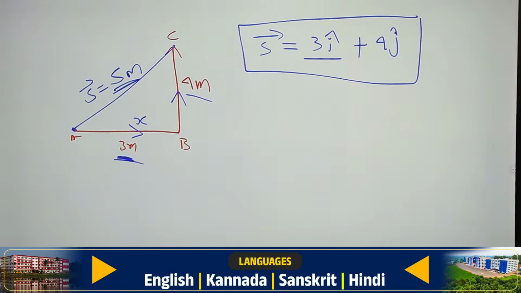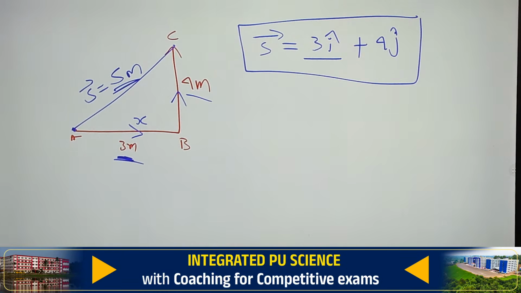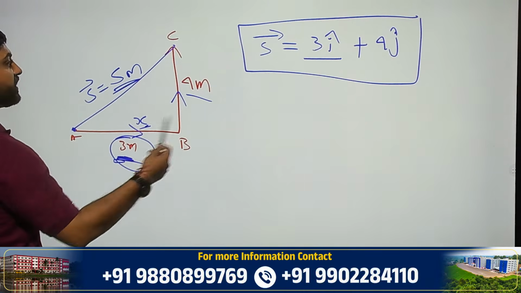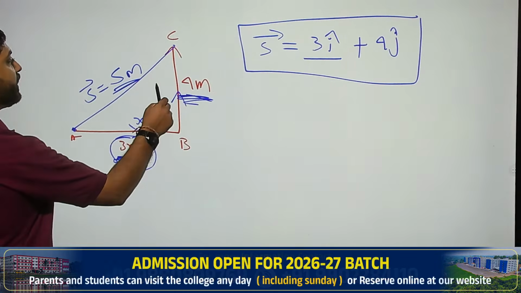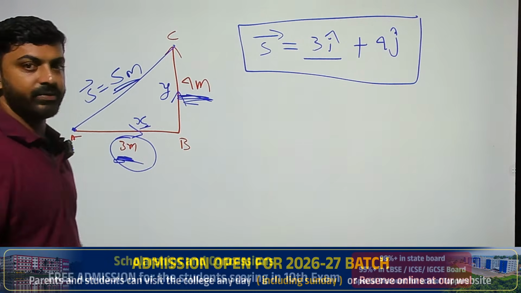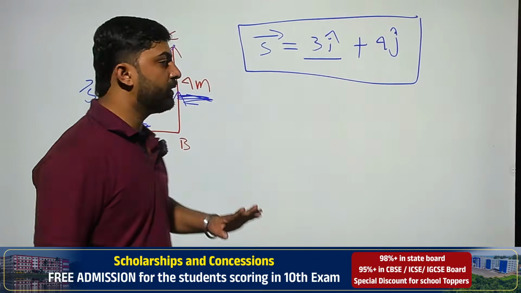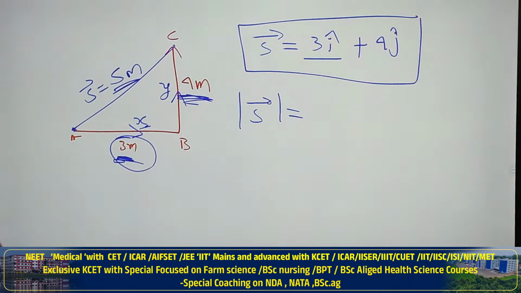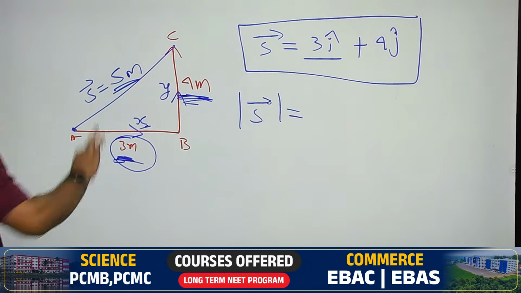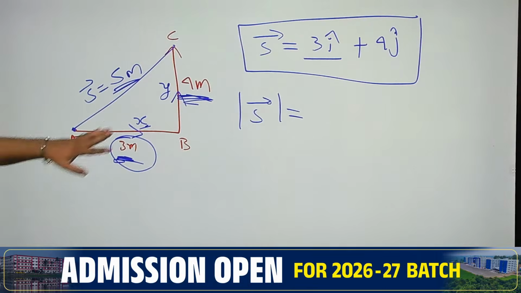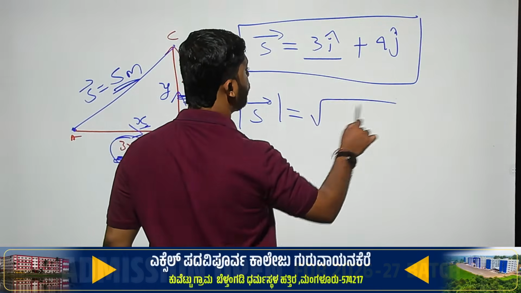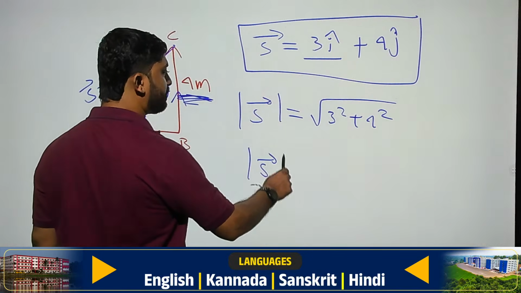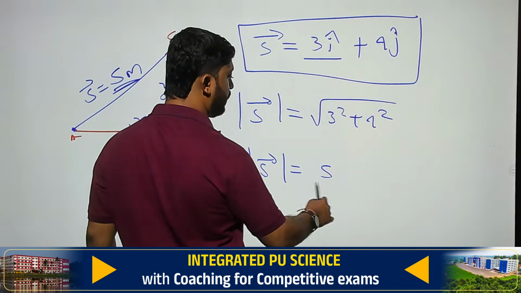If you find the magnitude, you will get to know at what distance the body is from the initial position. So the magnitude is root of 3 square plus 4 square. So the displacement is nothing but 5.